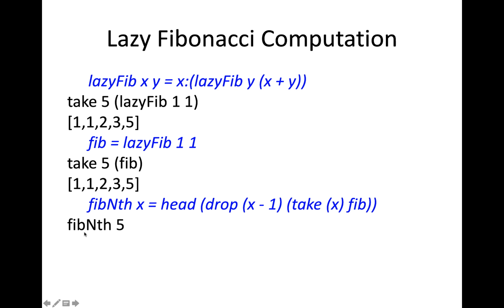So in this example, take 5 fib was returning the first 5. Now we want to take only the 5th one, so we are invoking fib nth 5, and that will drop the first 4 items, and then only the head of the remaining list will be returned. So that means it will return 5, right?